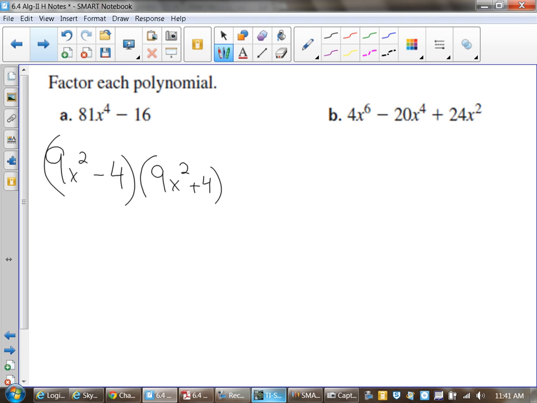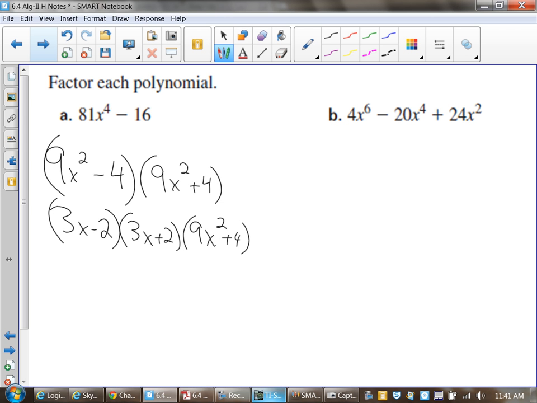I can do it again, can't I? I can do that with this one, 9x squared minus 4, but can I do that with the plus 4? No. That's a plus sign. Why can't you do it with plus?